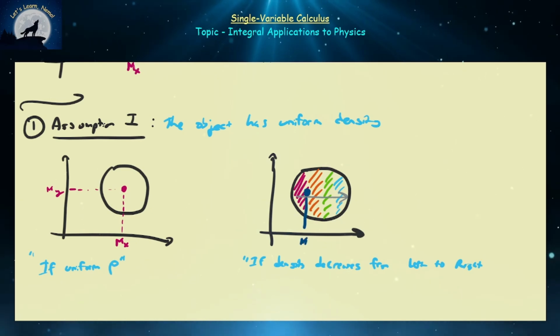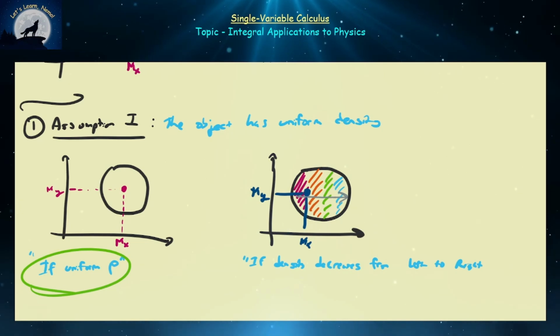So probably mx would be here, and my, if it's uniform in the vertical direction, still would be the center y coordinate of that circle. Just the center of mass x coordinate would be shifted towards the left, where it has larger density.